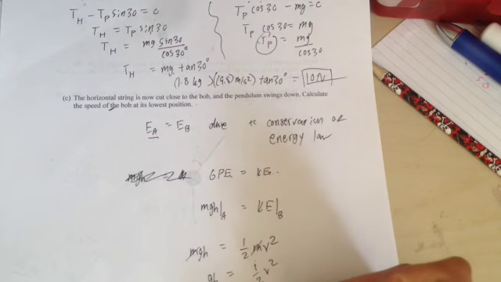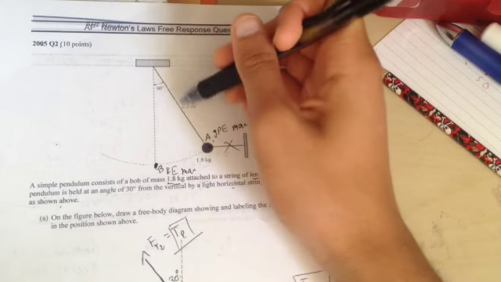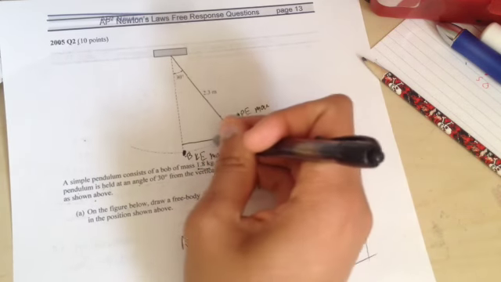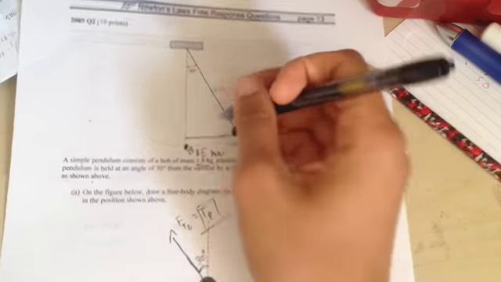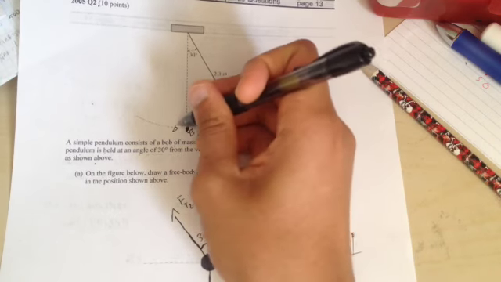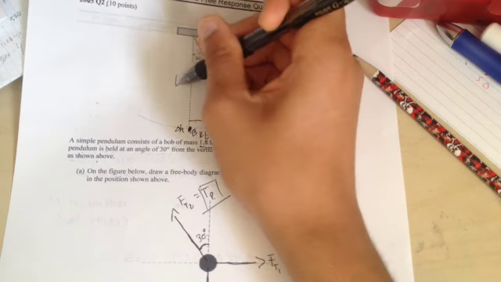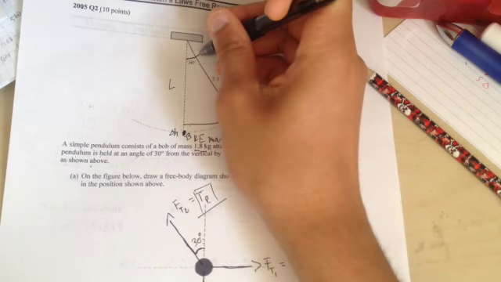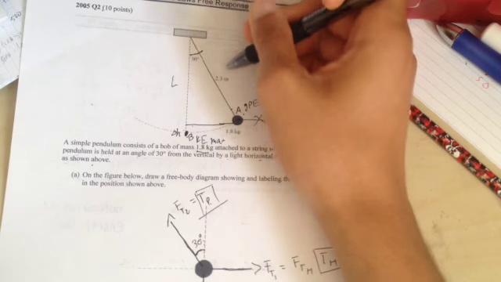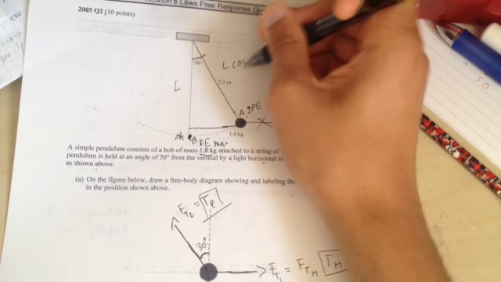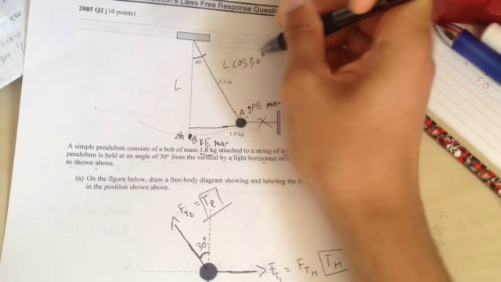However, what is h? h is not just going to be the length of this string. Rather, it's going to be the difference. It's going to be this height here. Delta h is what we actually need. So this height here is going to be L, say, and with this 30 degrees, we know that this is going to be L cosine 30 degrees. So using this, we can plug everything in.